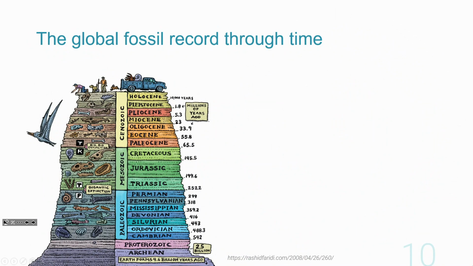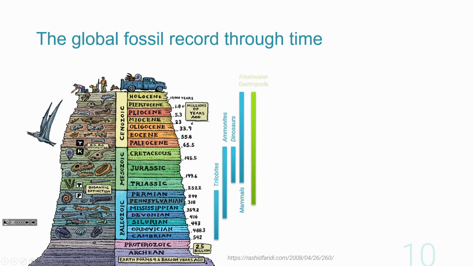To give you an idea what time ranges we're talking about, this is very coarse, of course, but you may know trilobites, ammonites, dinosaurs, mammals, and so on, and they have existed for a decent amount of time, mammals since the mid-Triassic, for example, but freshwater gastropods outcompete them, basically. In absolute time ranges, there might be a similar age range as the ammonites.